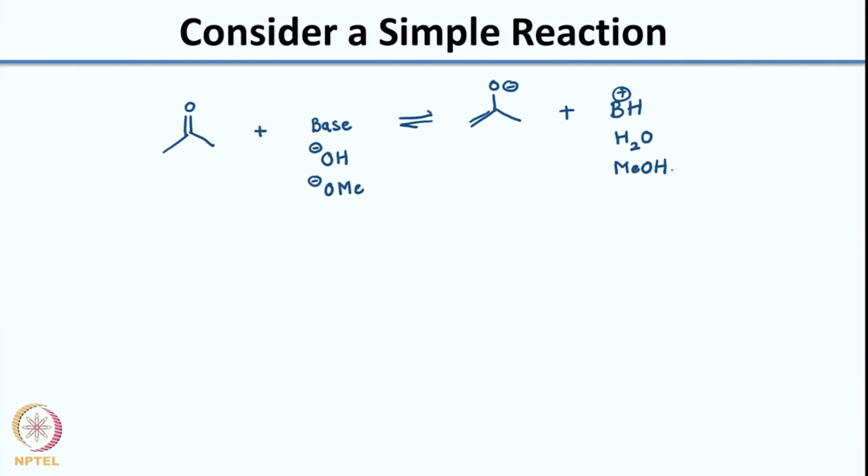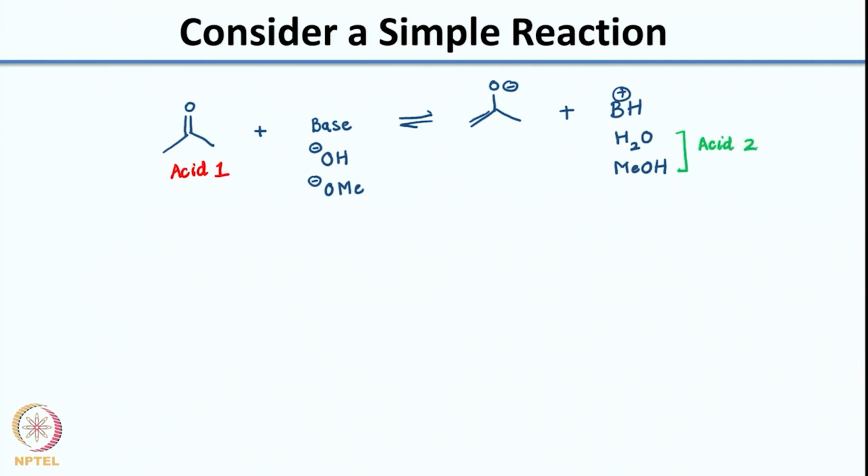Alright. So what would be important is, as I said, you have now two acids here. Acetone, I will call it acid 1. And what is your second acid? These are acid 2.